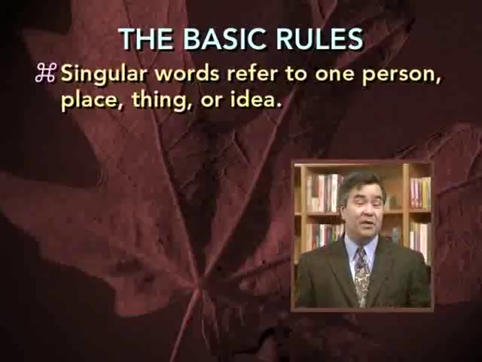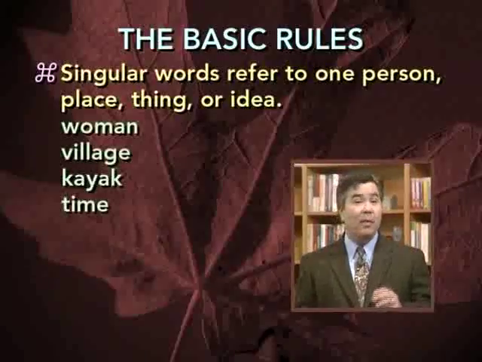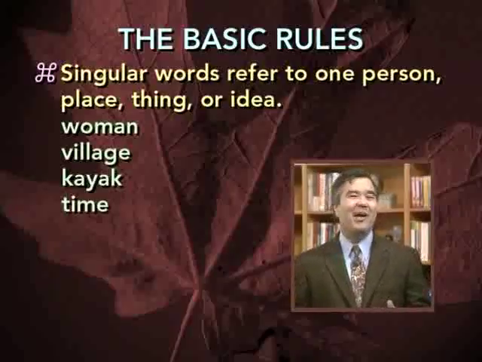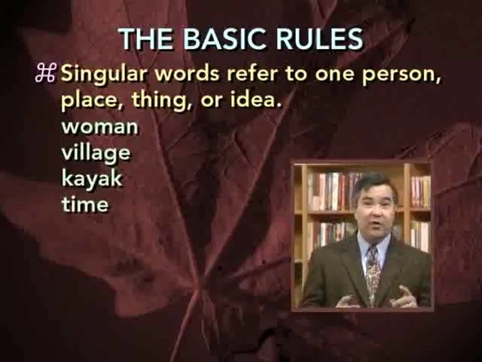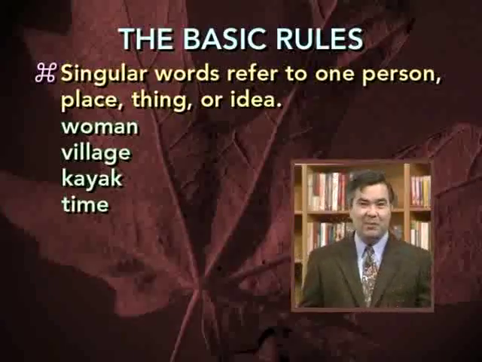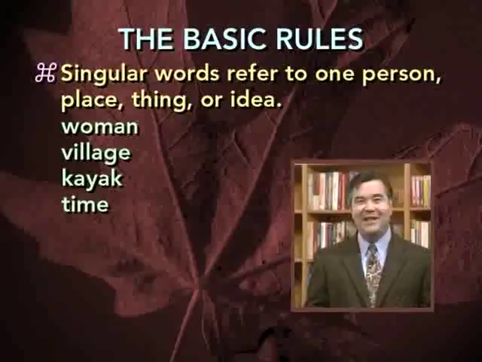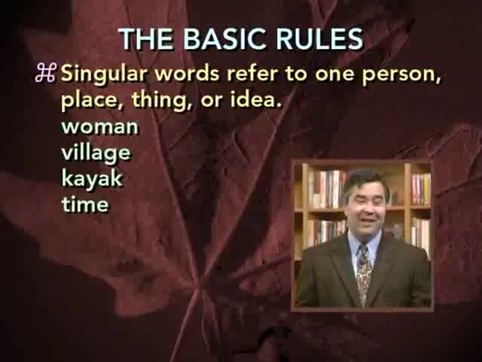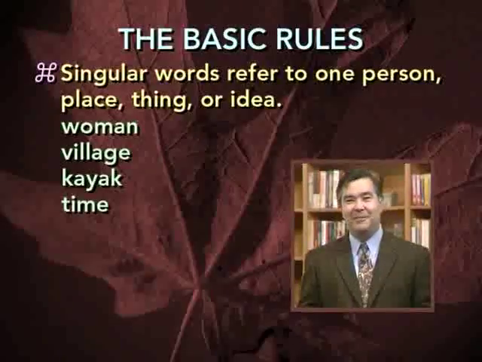Here are a few examples of singular words: woman, village, kayak, time. Each of these refers to one person, place, thing, or idea. A woman is a person, a village is a place, a kayak, which is a kind of boat, is a thing, and time is an idea.